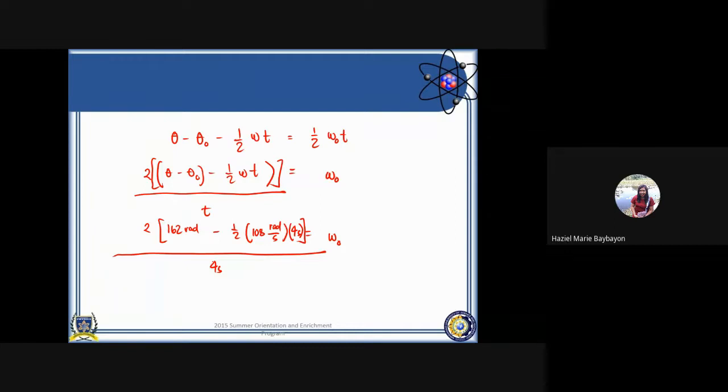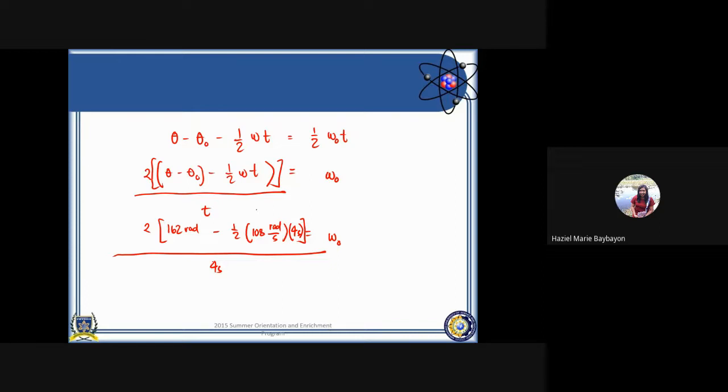Kindly solve that one. 108 times 2, 216. 162 minus 216, negative no ang answer? 54 times 2 divided by 4.